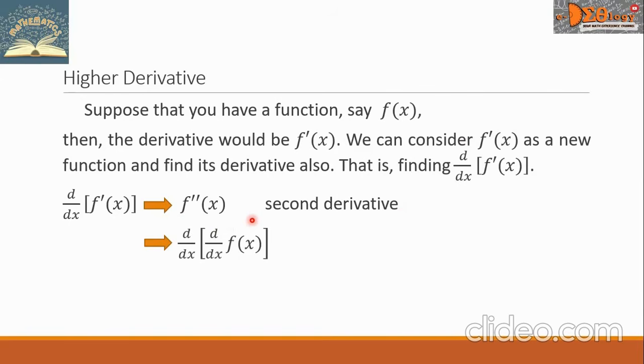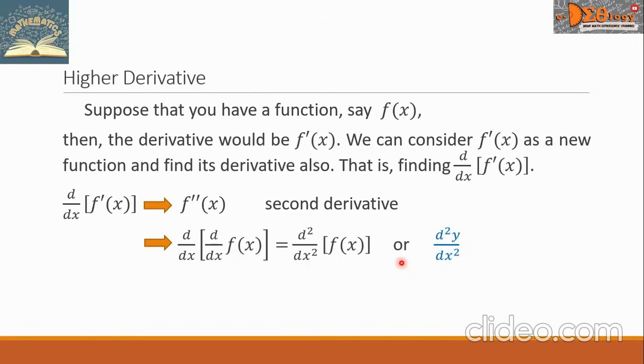We can show also that the second derivative is d over dx of d over dx of f of x. And simplifying this, we may show that it is d squared over dx squared of f of x.